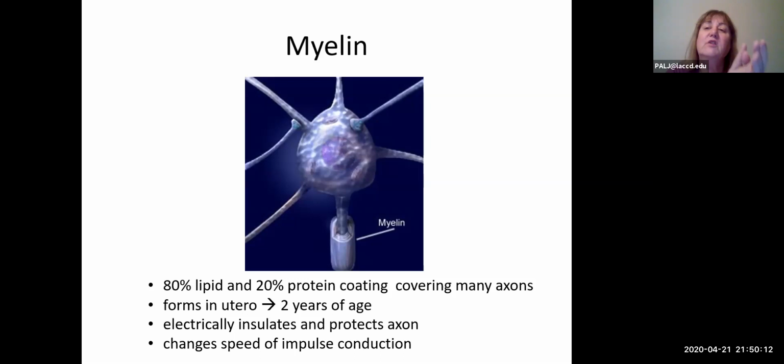This starts forming in utero, but the vast majority of this myelin sheath forms after birth in the first 2 years of life. So it's super important to have the correct nutrition the first 2 years of life so that you can make this myelin sheath. It's not a time to be putting a baby on a fat-restricted diet.